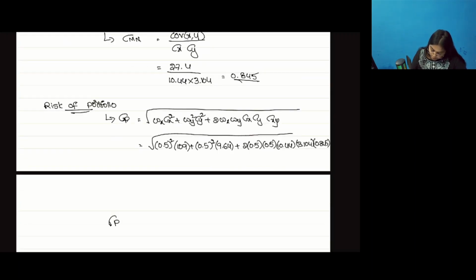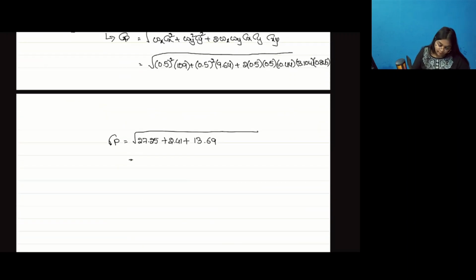So risk of portfolio will be square root of 0.25 into 109, 27.25, plus 0.25 into 9.64, 2.41, plus 2 into 0.5 into 0.5 into 10.44 into 3.104 into 0.845, that is 13.69.